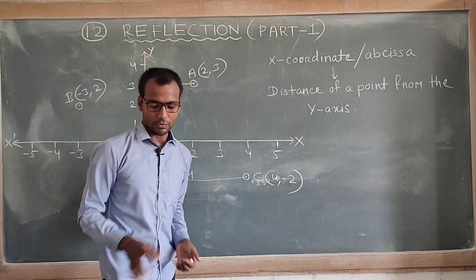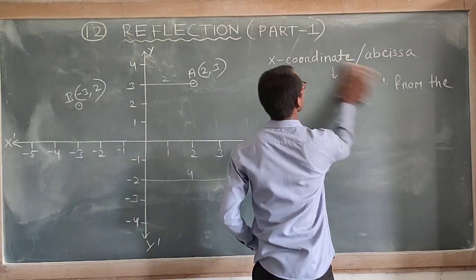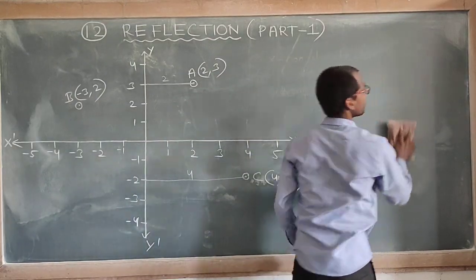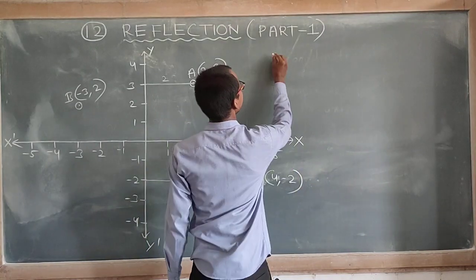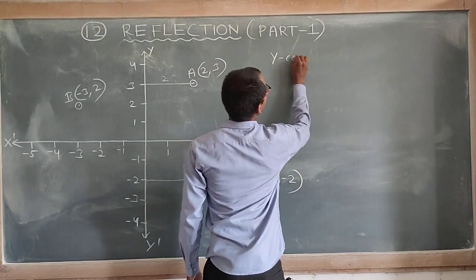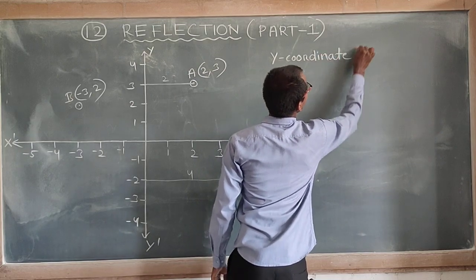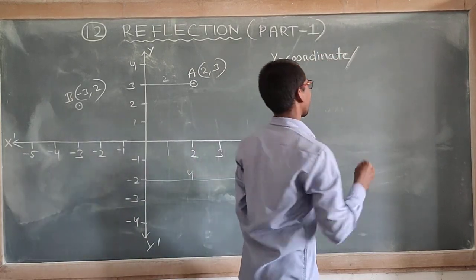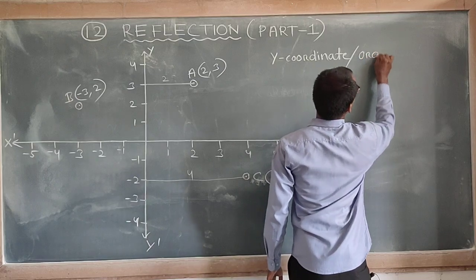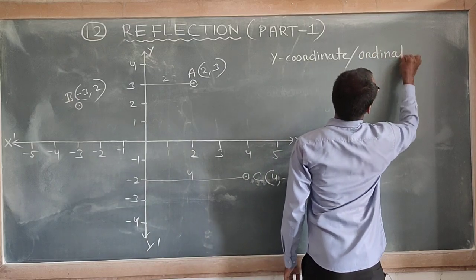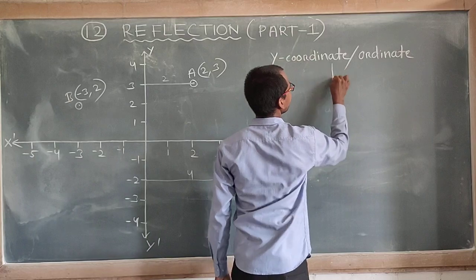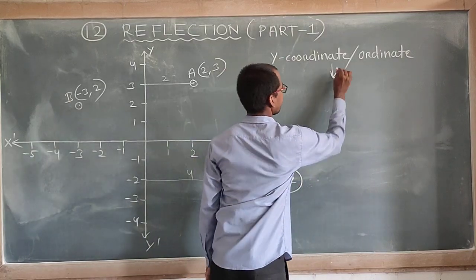Now let us go for the y coordinate. The y coordinate is also known as ordinate. Let us see what it is.